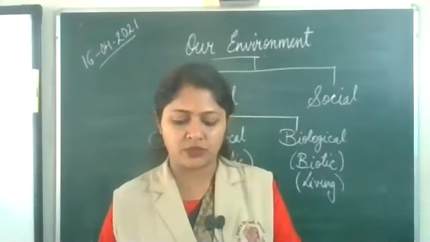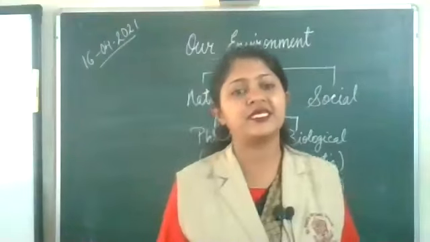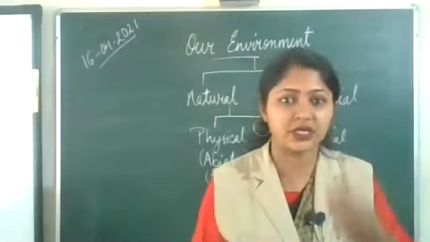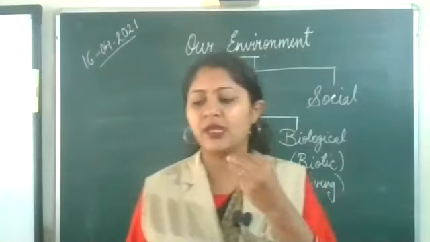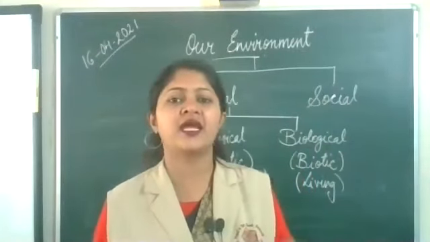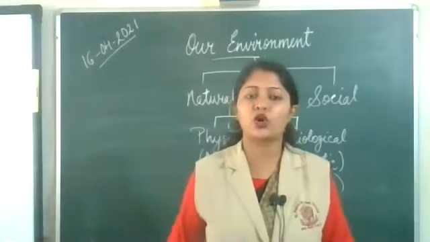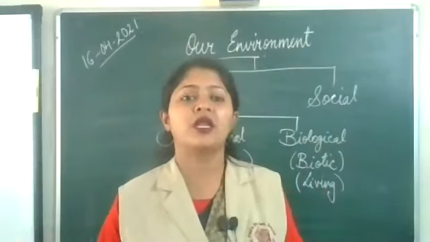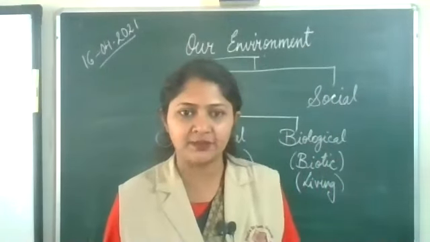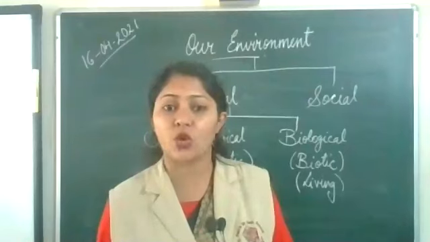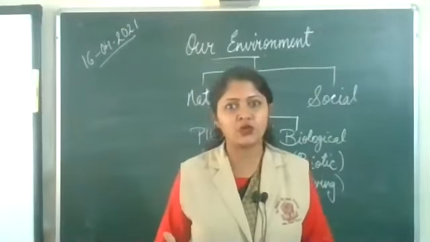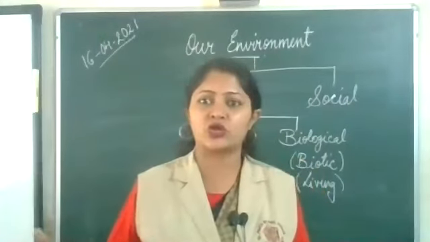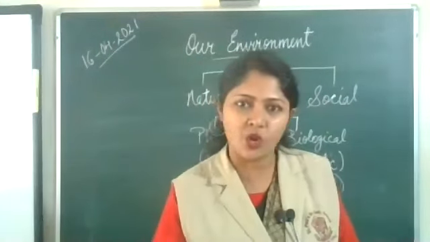Furthermore, we can divide these plants and animals on the basis of the modes of nutrition, that is what they consume, as autotrophs and heterotrophs. Who are autotrophs and who are heterotrophs, we will learn about them in detail. Autotrophs can make their own food. Even we can make our own food, but we depend on plants. Don't say my mother is an autotroph because she cooks food at home.